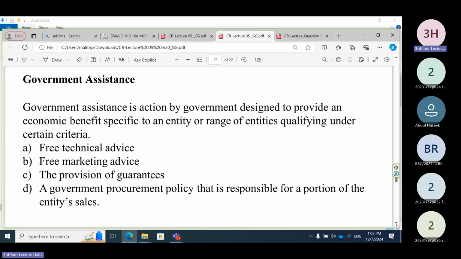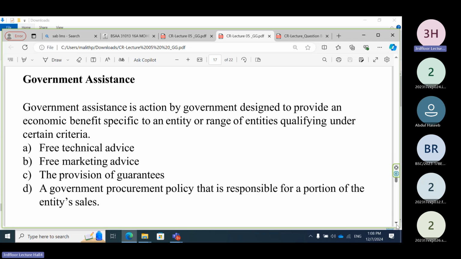So then again you should have an understanding to separate government grant from government assistance. As I said last week, government grant there should be a specific cash inflow, a benefit inflow specific to that entity, right? Here actually a kind of economic benefit. There's no resource inflow, right?